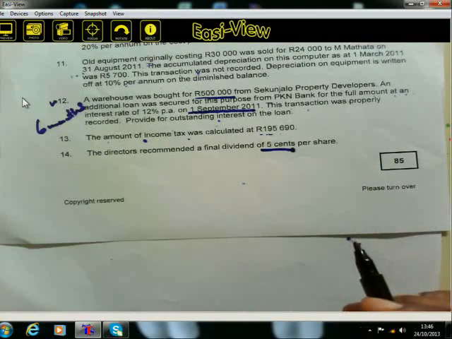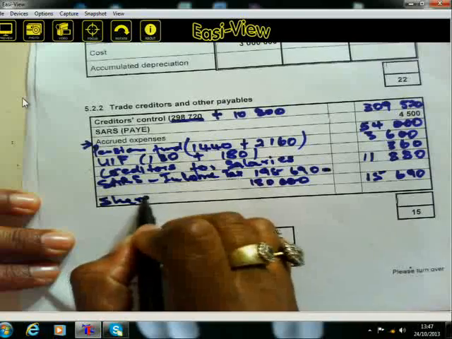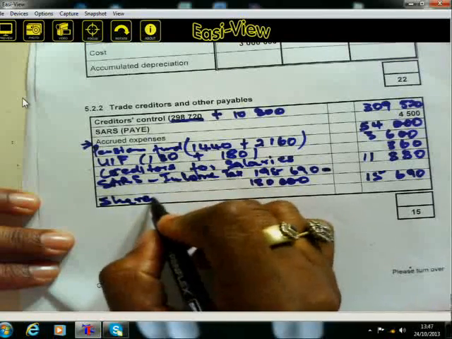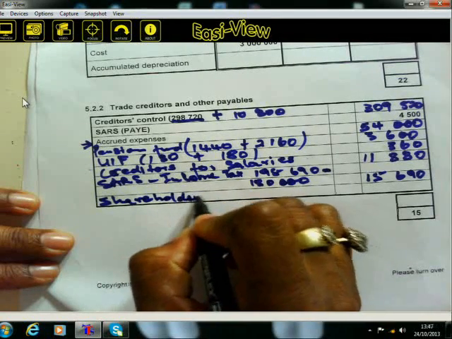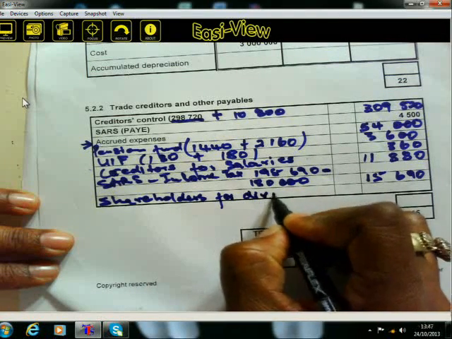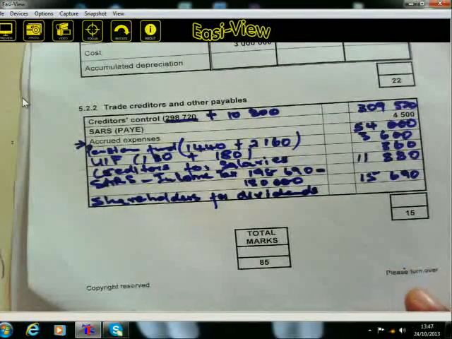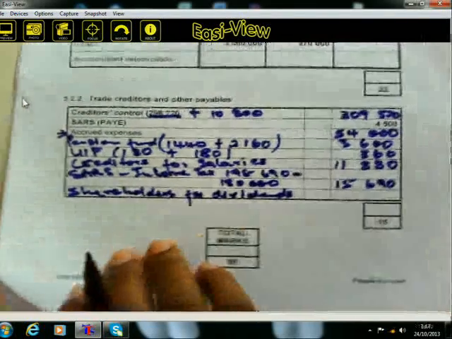What must we do? For us to know the amount for shareholders for dividend, we need to calculate that.